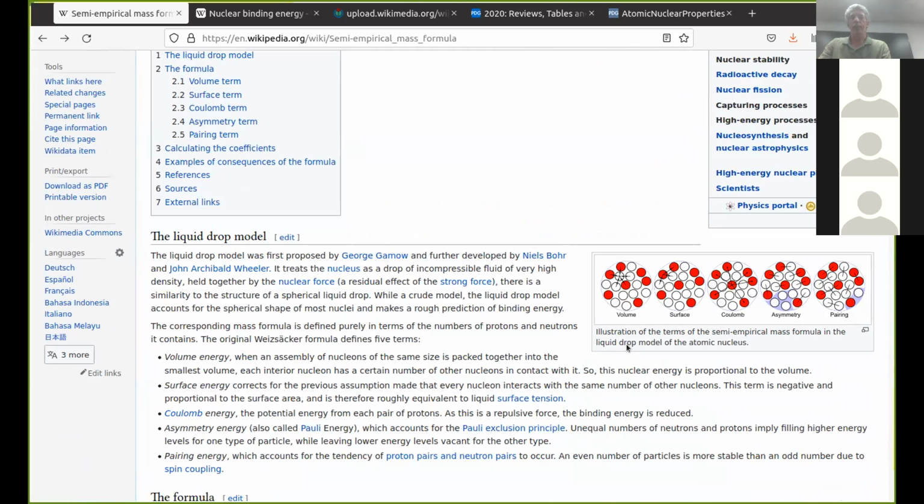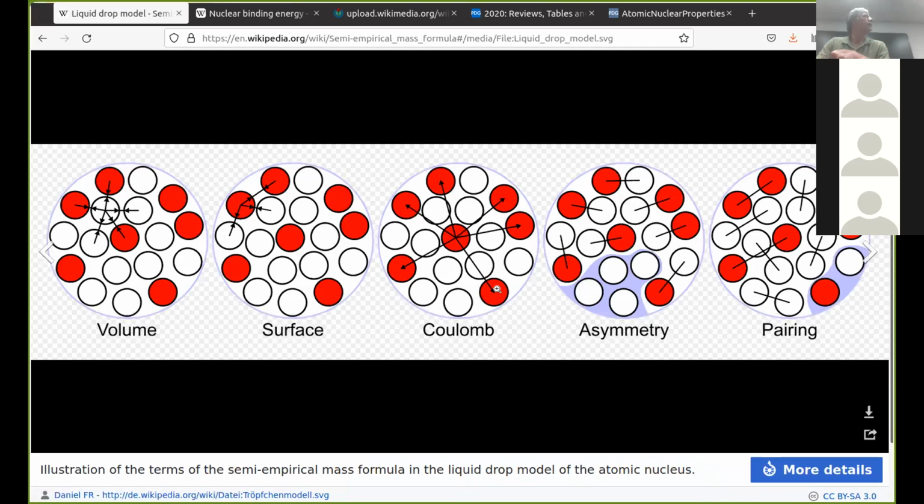So there we are. We have the volume term, attractive due to nearest neighbors. We have the surface term that penalizes nuclei that are near the surface. We have the Coulomb term that's repulsive because there are too many protons in too small a volume, right?